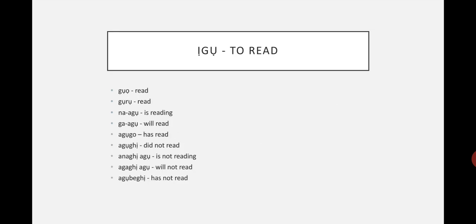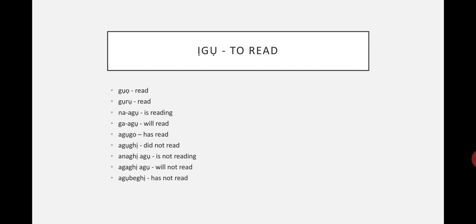The verb igu. Igu means to read. To read. Gu means read. Guru, read. Nagu is reading.